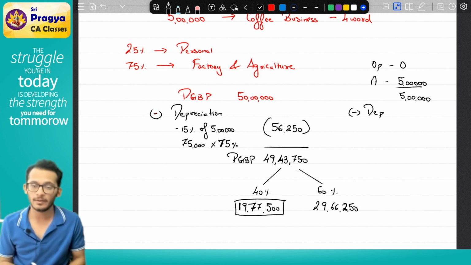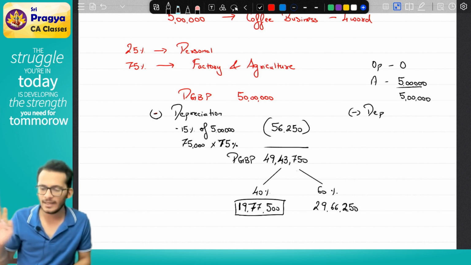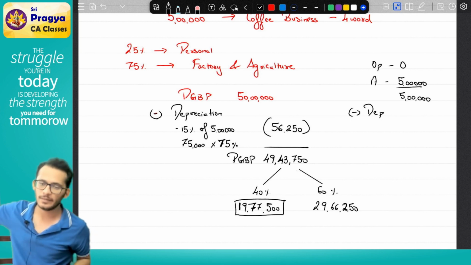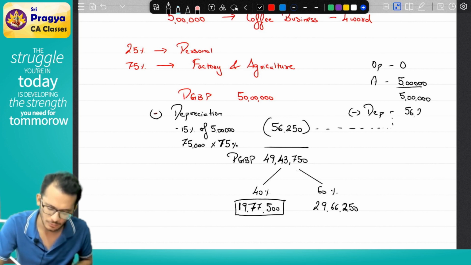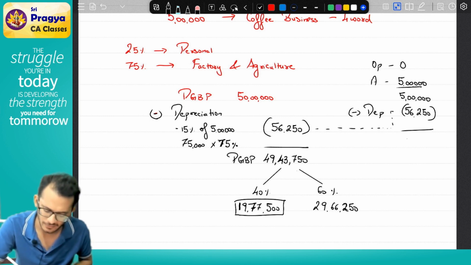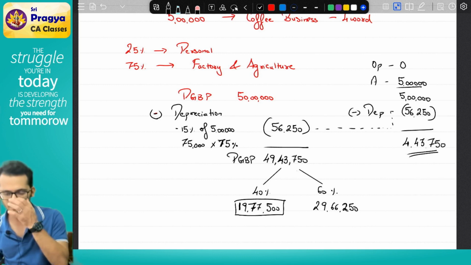Rahul, what is the number for which I'll claim depreciation? I told you directly the number which you have put in the PGBP statement. Take off that number. Which means this number will become my depreciation, which is 56,250. Therefore, number will become 4,43,750.